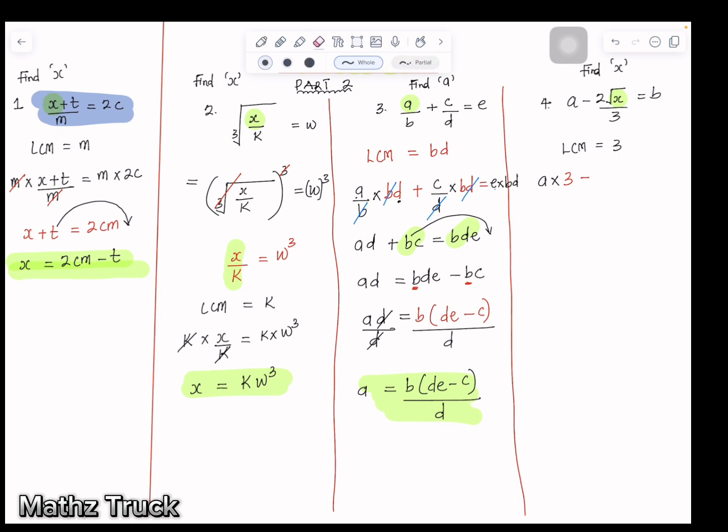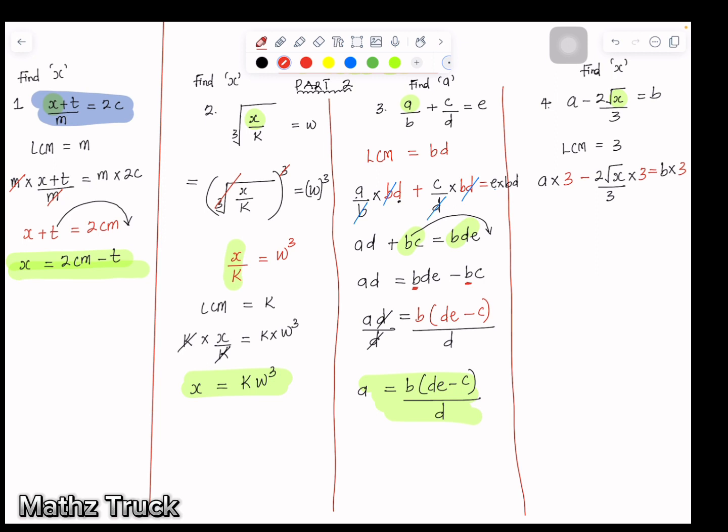We have 2 square root x over 3 multiplying the LCM, which is 3, equals B multiplying the LCM, 3.